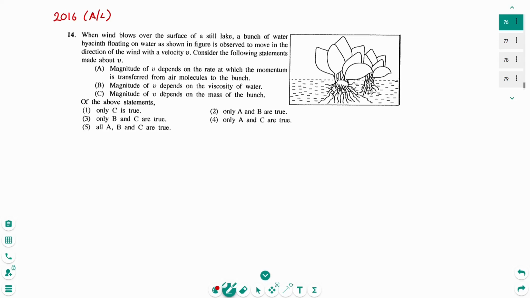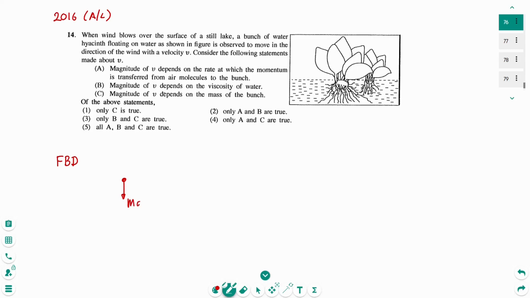So let's first draw the free body diagram of this water hyacinth bunch. I'm going to draw the free body diagram here. The first thing which is obvious, there's mass. As a result, there's the weight of the water hyacinth bunch, and that's vertically downward.